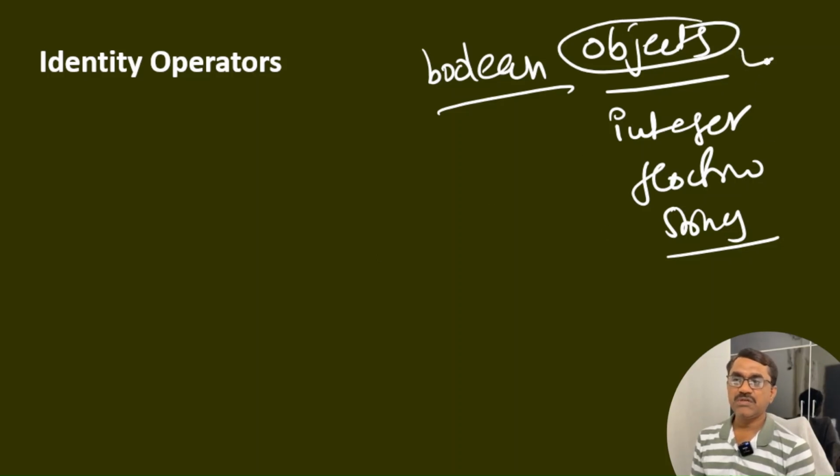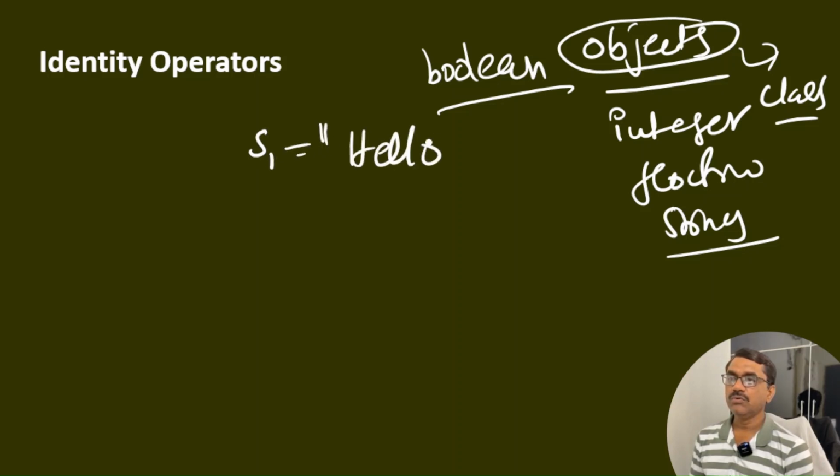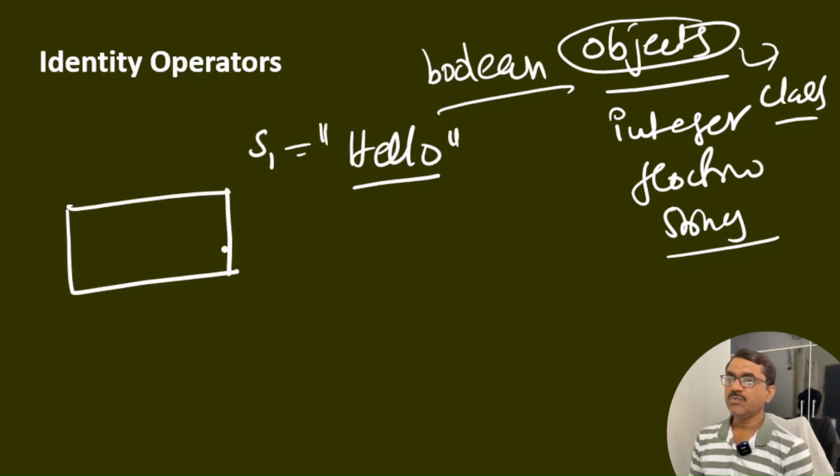So whatever data items we use in Python are known as objects. And we know that objects belong to a class, or we can say an object is an instance of a class, or the instantiation of the class. For example, take a variable s1 in which we store some string, assume hello. If I write s1 equals hello, now hello is the object that is stored somewhere in a memory location.